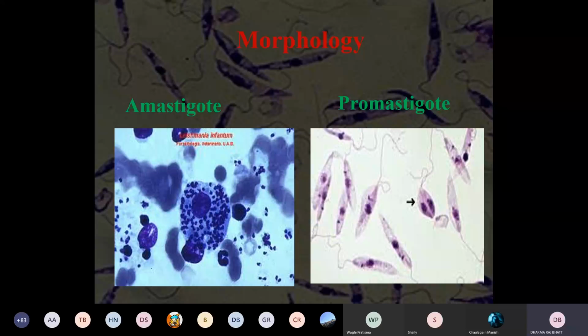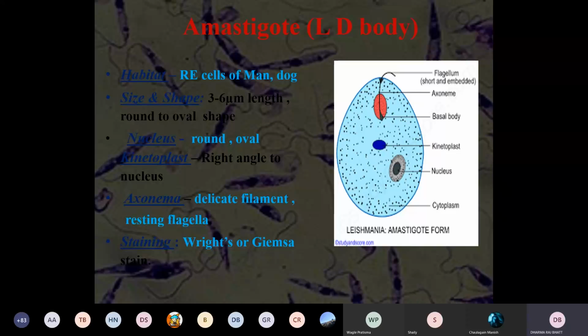Sometimes we find them outside the cells also, as these amastigote forms multiply inside the phagocytic cells. Now in another picture you can see the promastigote form. These are spindle shaped with a long flagellum at one end.